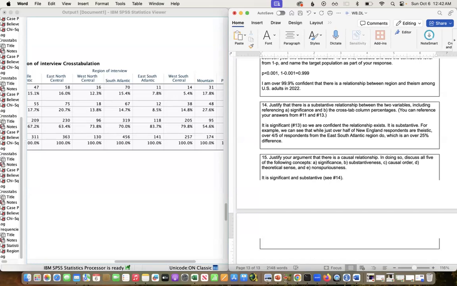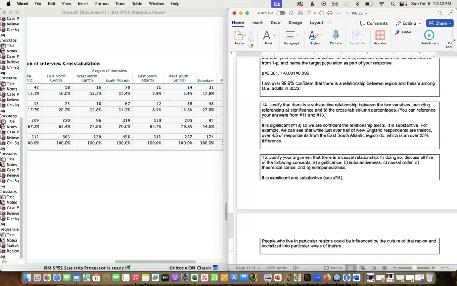let's start with a theoretical sense, actually. People who live in particular regions could be influenced by the culture of that region and socialized into particular levels of theism. So if everyone around them believes in God and that's how they grew up and what they're used to and how people talk, they might do that. And if people are generally skeptical of God, that may be what they're used to, and so that influences their beliefs.